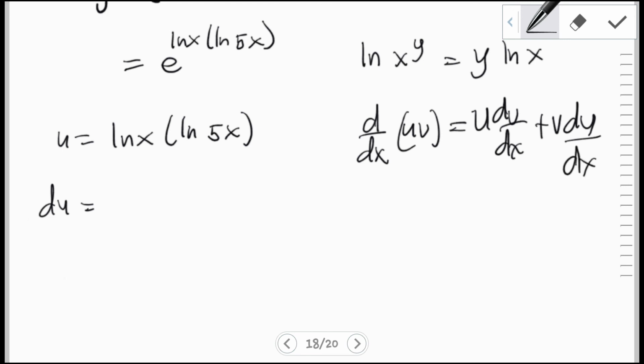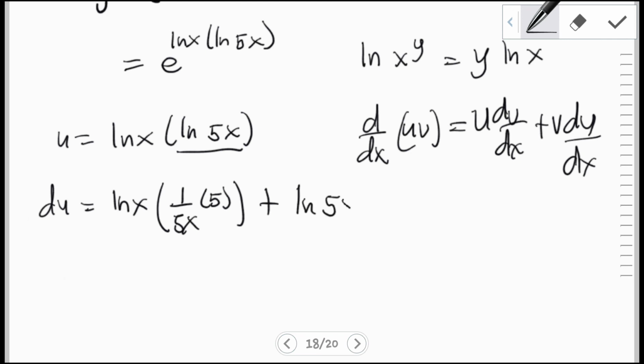Where u is ln x and dv over dx is the derivative of ln 5x, which is 1 over 5x, and we also apply the chain rule, so the derivative of 5x is 5, then plus v, where v is ln 5x, and du over dx is 1 over x.